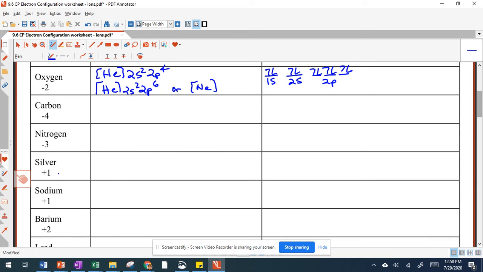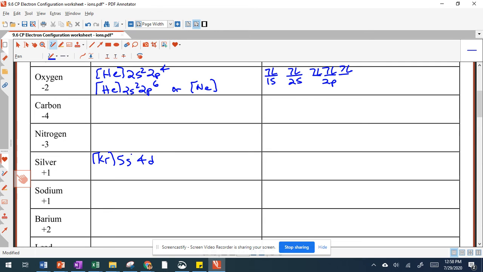Okay, so now I want to go down and do transition metals. So let's look at silver +1. So again, when you're doing these, always write out your neutral atom first. So we have silver, that's in the 5th energy level, so the nearest noble gas would be krypton. That would be 5s2, 4d9. Remember, this is one of the exceptions, so we have to adjust that.